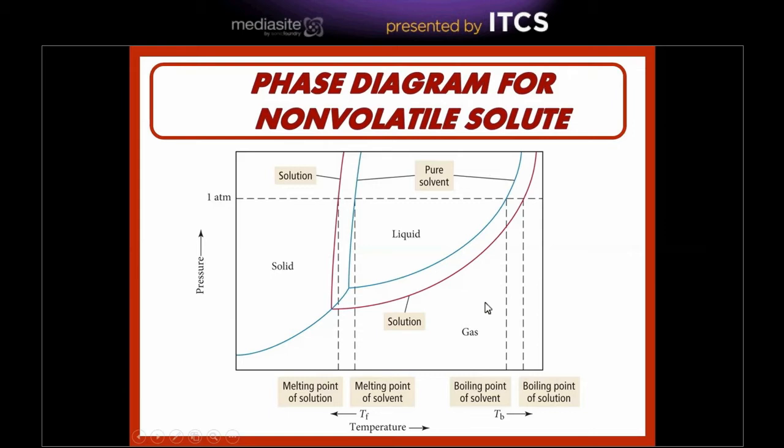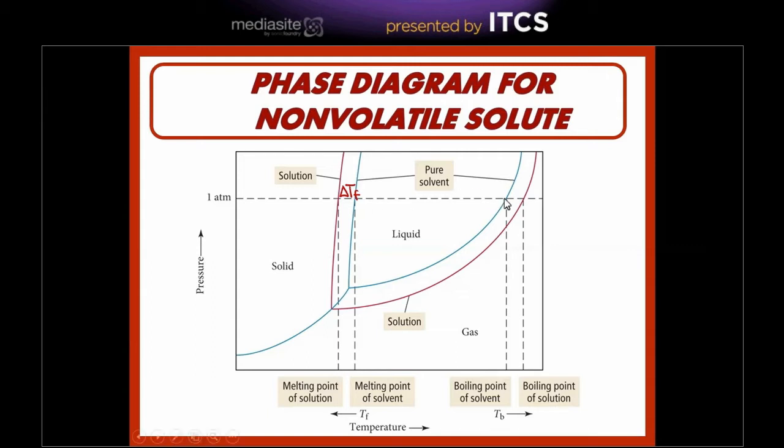And this downward shift in vapor pressure directly leads to a change in the melting point of the solution and the boiling point of the solution in comparison to the pure solvent. And so the change in the melting point from the pure solvent to the solution is called the freezing point depression. And the reason that we call it freezing point depression is because there is a decrease in the melting point.